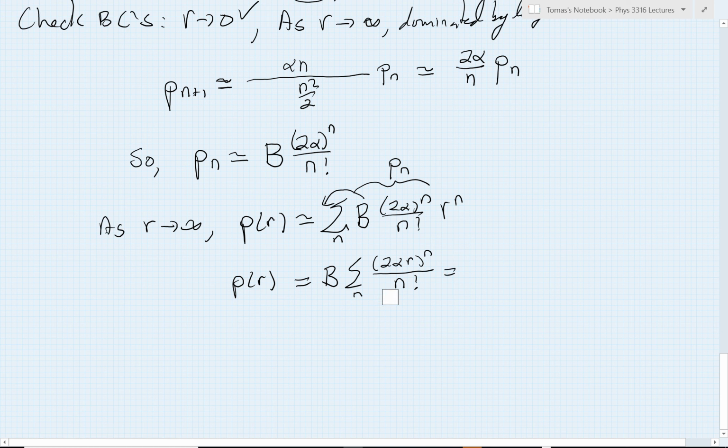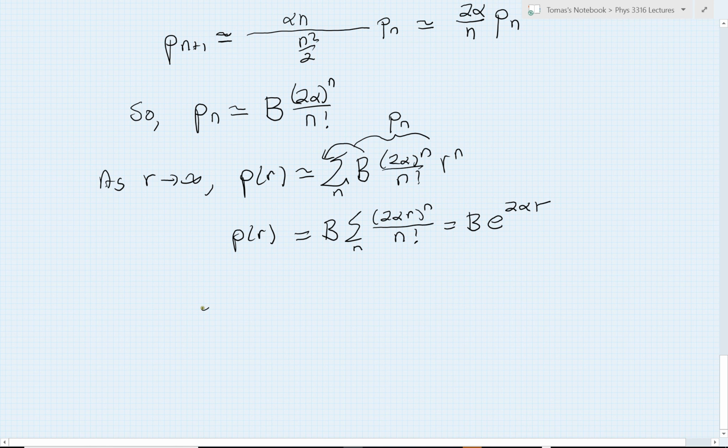This is a very famous power series. It is in fact the power series for the exponential function, where the quantity that's raised to the power n is the exponent. So this is e to the 2 alpha r. So we see that our function P of r is going to be blowing up as r heads towards infinity.